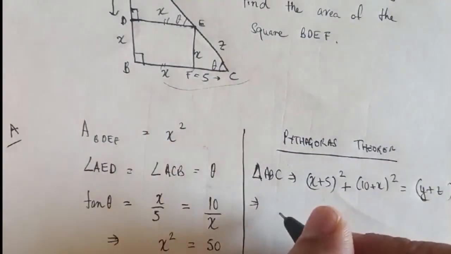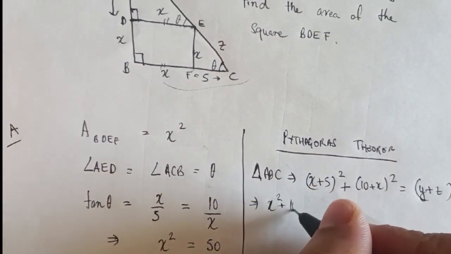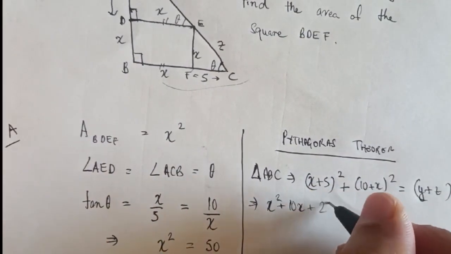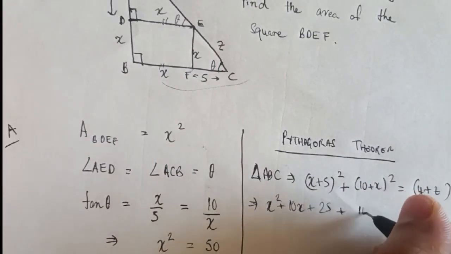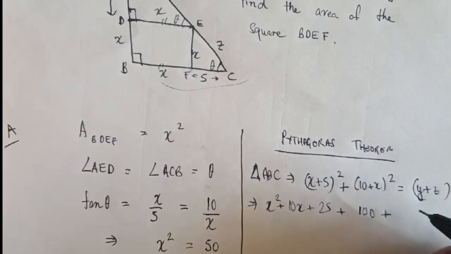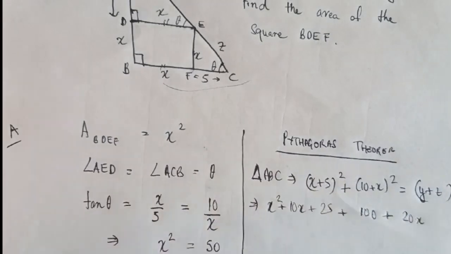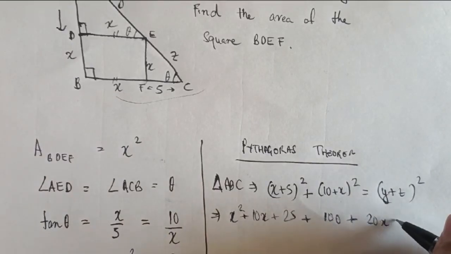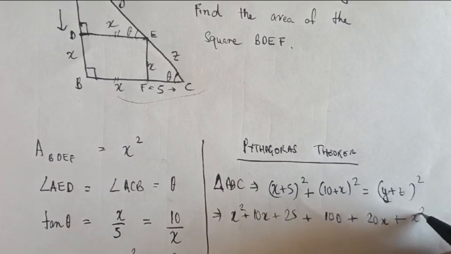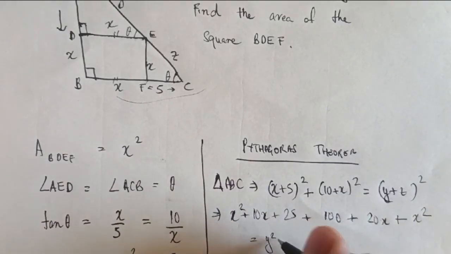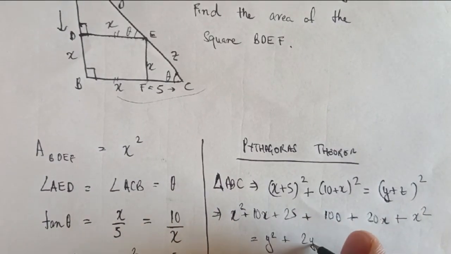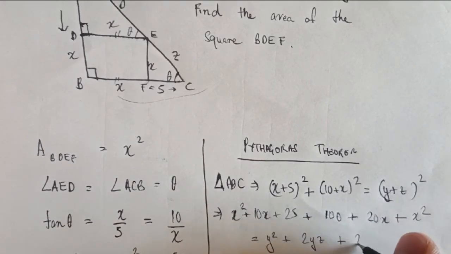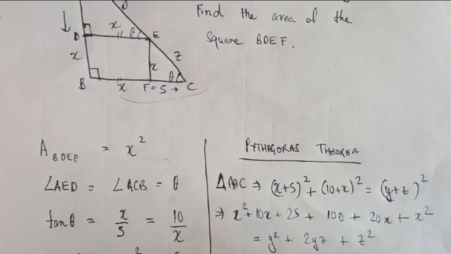What this implies is x squared plus 10x plus 25 plus 100 plus 20x plus x squared is equal to y squared plus 2yz plus z squared, right?